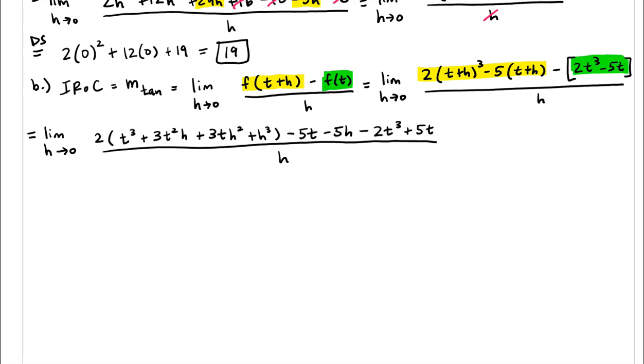Now I'm going to go ahead and do a little bit of simplification. Notice I have a minus 5t and a plus 5t here. And then I want to distribute in this 2. So we have the limit as h approaches 0 of 2t cubed plus 6t squared h.